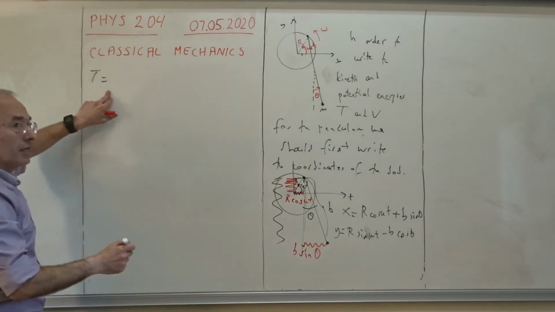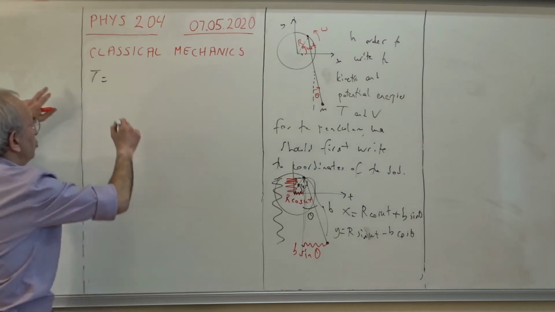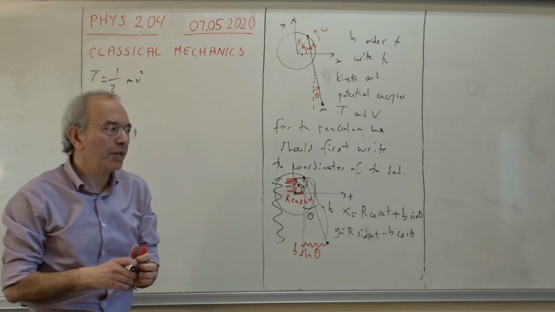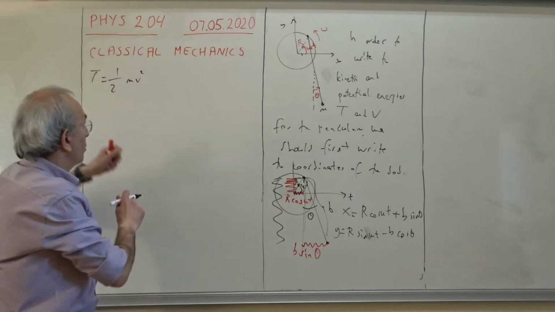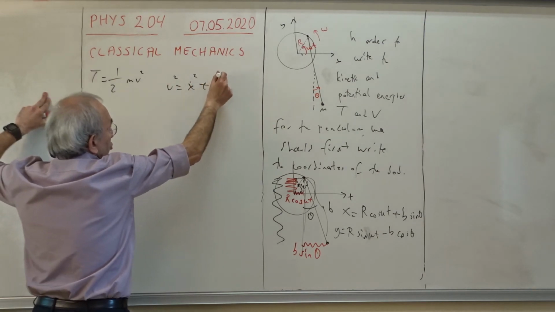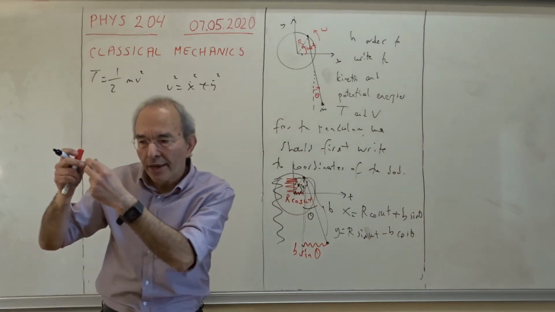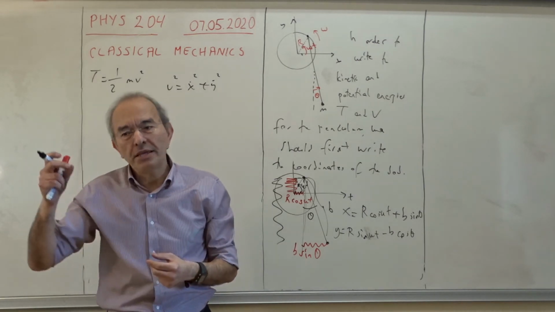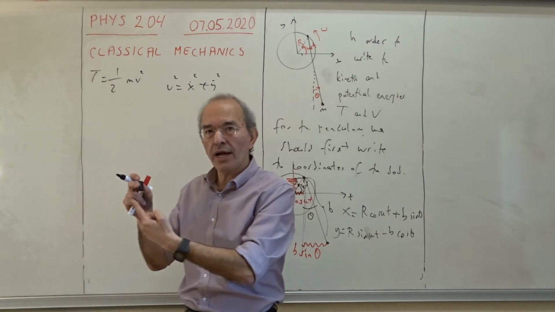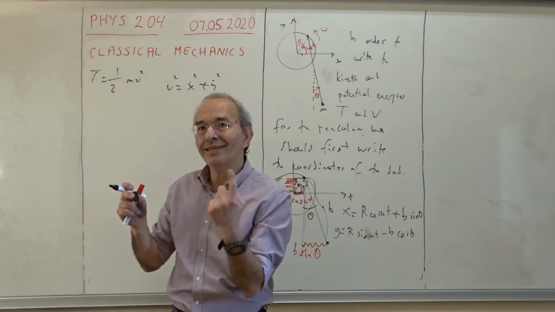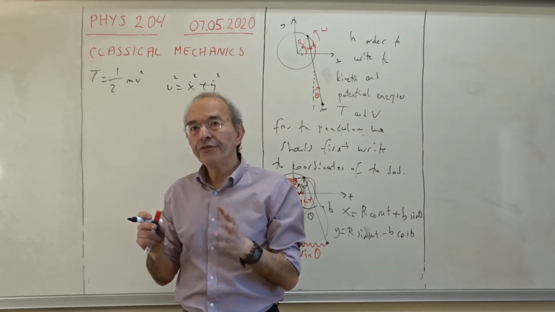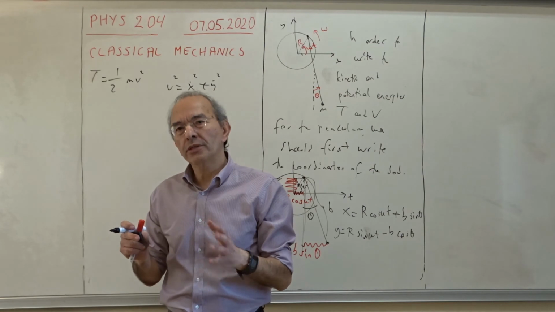T is 1/2 m v squared. Sure. 1/2 m times v squared. But v can be written as the combination of x dot and y dot, because v squared is x dot squared plus y dot squared. Remember the previous problem where we slide a bead along a wire. In that case, in this cylindrical system, since the wire was turning also around the z-axis, the bead had three different possible velocity components.